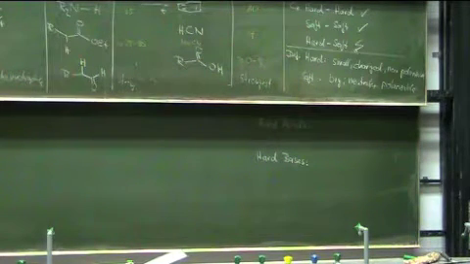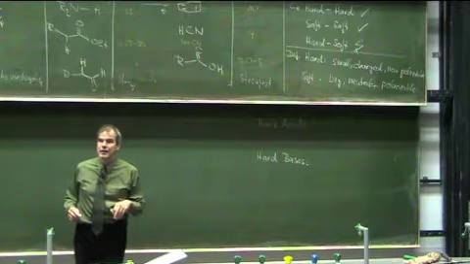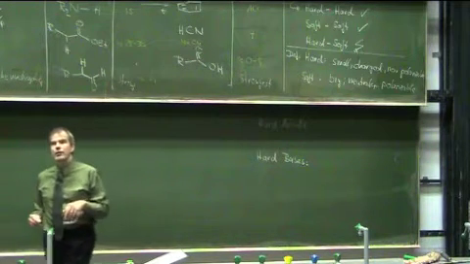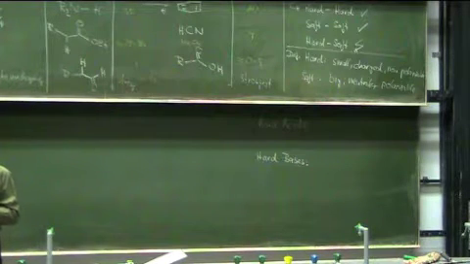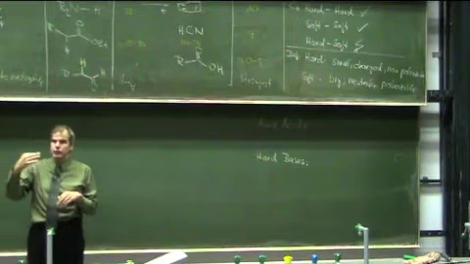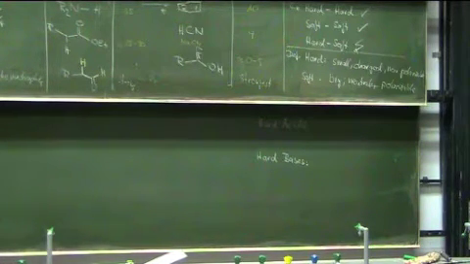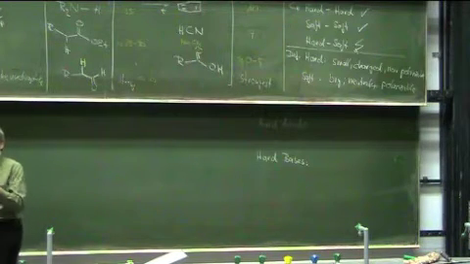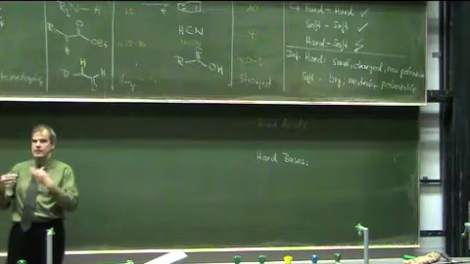Fluoride. Base or acid? Why is fluoride an acid? Fluoride is a base, right? Because the fluoride is negatively charged, and it would try to react with protons. The acid is the other way around.